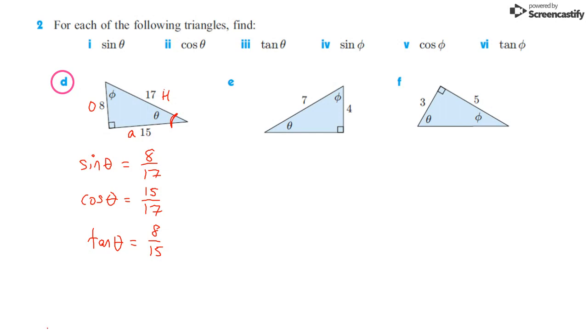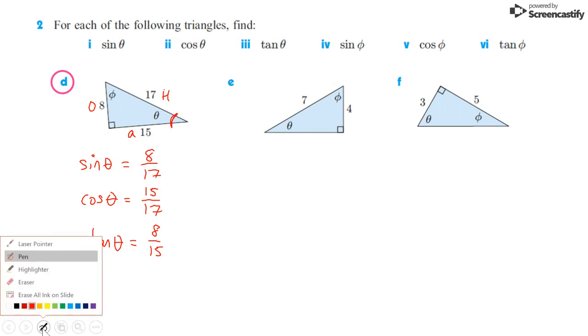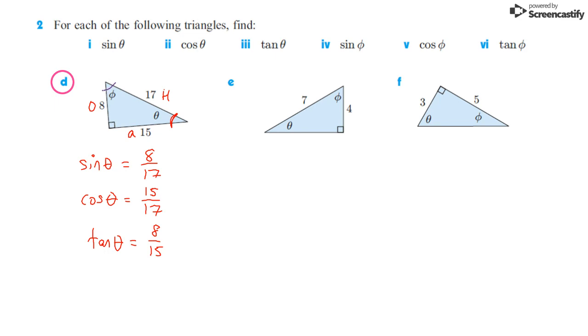So now for the second set of three questions, we are now referencing the other angle, right? So same functions, sine, cosine, and it's not theta anymore, and tangent. And now all of a sudden these sides switch around. So in reference to this angle, this is now the opposite.